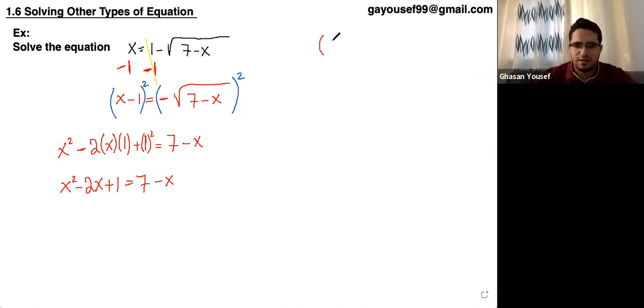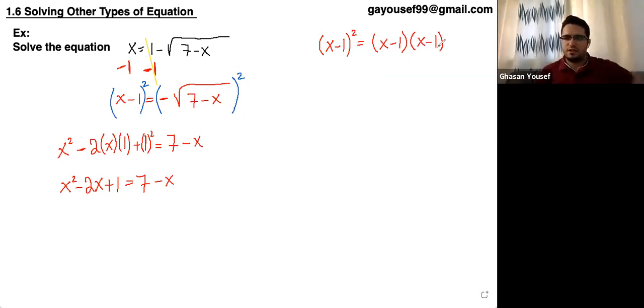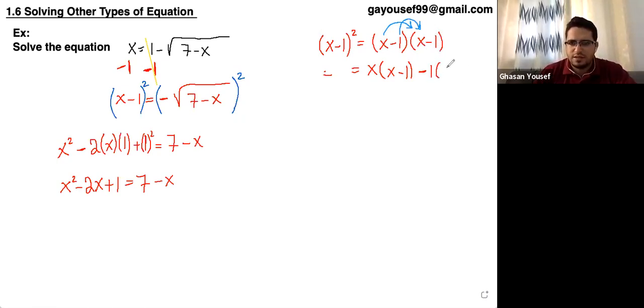I can do it by multiplying, because x minus 1 squared equals x minus 1 times x minus 1. Then I can distribute everything inside the parentheses. I multiply the x with the parentheses and the minus 1 with the parentheses. So I get x times x minus 1, plus minus 1 times x minus 1.